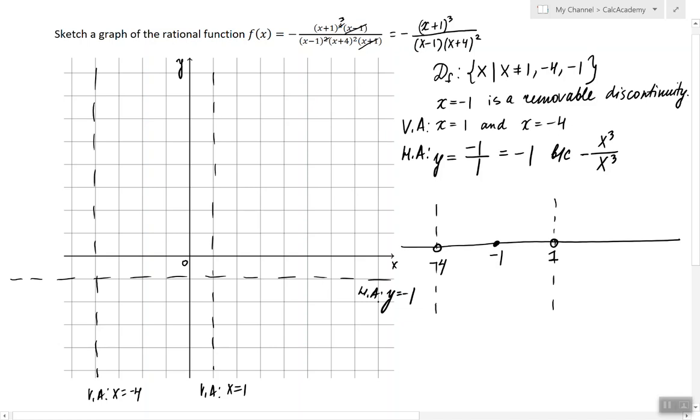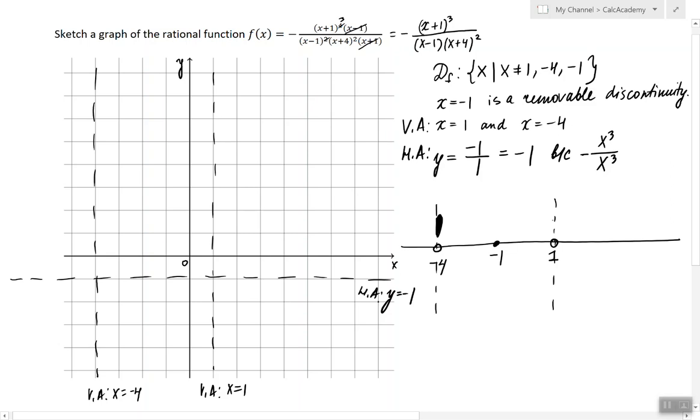So if there is no circle, that means it's a 0 from the numerator. Now I'm going to label the ones with even multiplicity with an exclamation mark. So now just by looking at the sign chart, I can basically ignore the original function and do the signs just by looking at the sign chart.